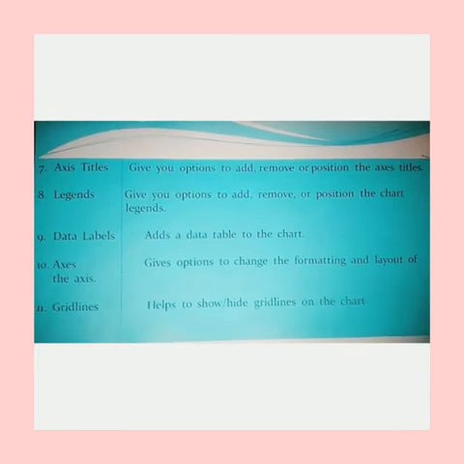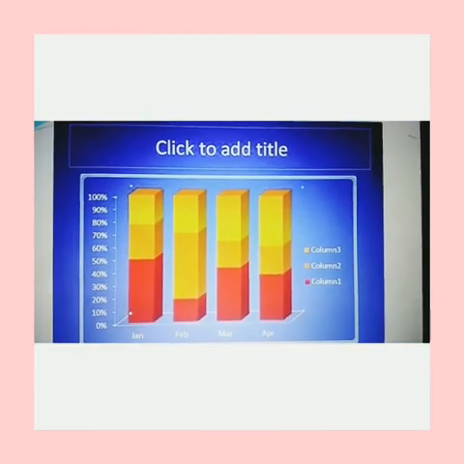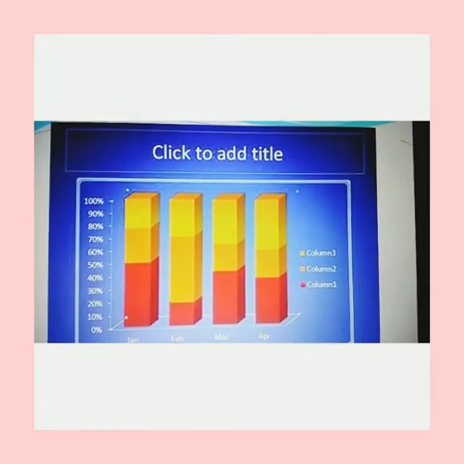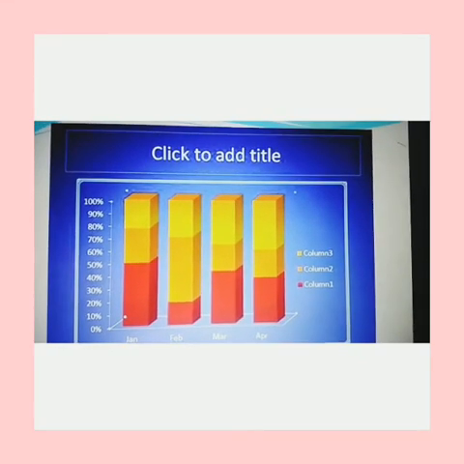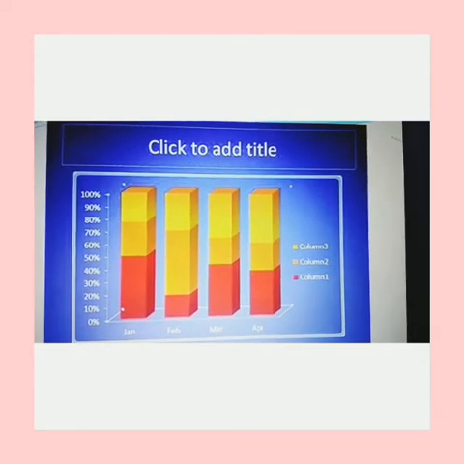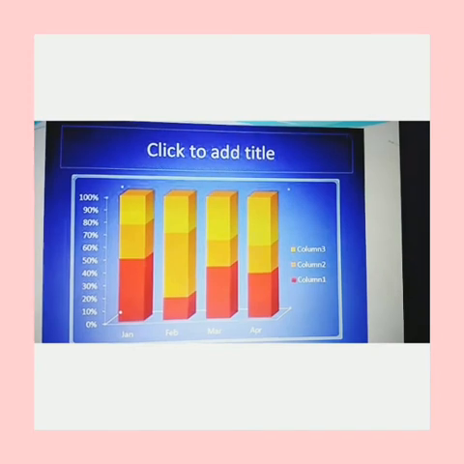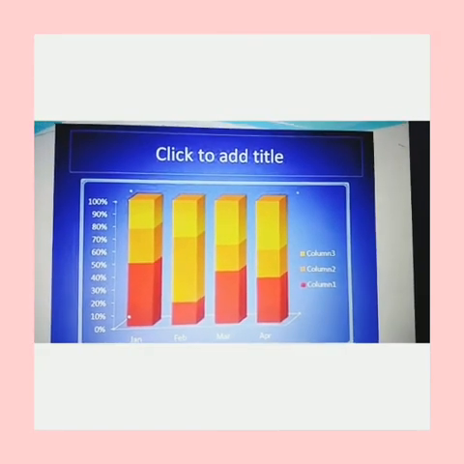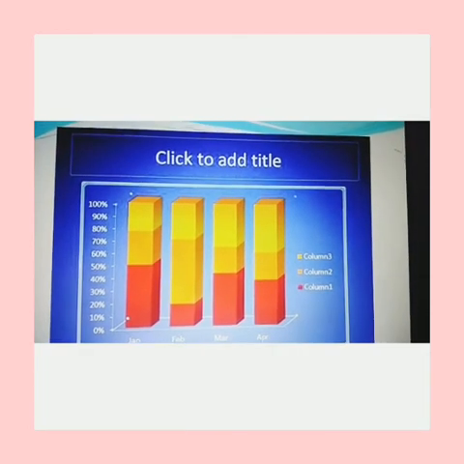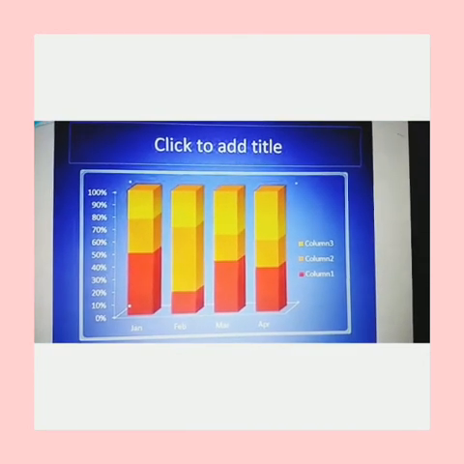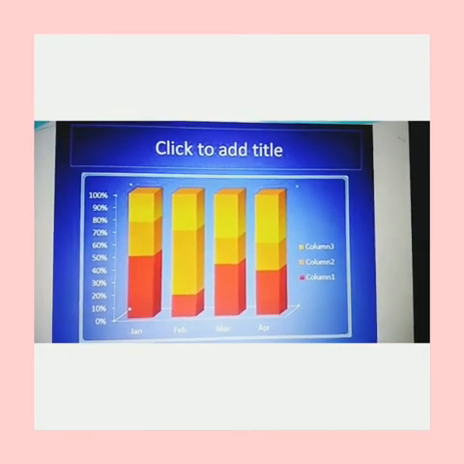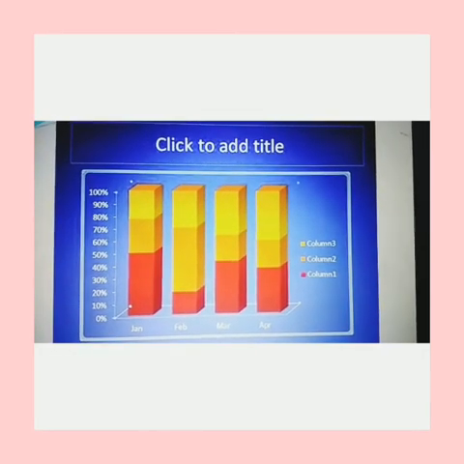Okay, so we can understand today's topic. What about today's topic, students? We discussed today's topic, modifying the chart. You understand properly: design, formatting, etc., and how to change the chart types and add the chart title, meaning heading. See the top area, click to add title, means we can write anything above the chart.